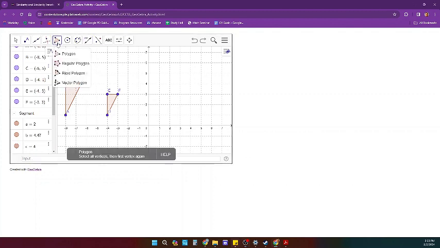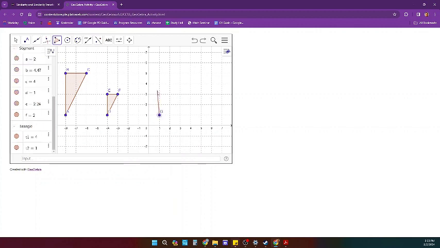So let's go ahead and try another set of triangles. So let's compare ABC to GHI. So let's go ahead and first measure their angles.